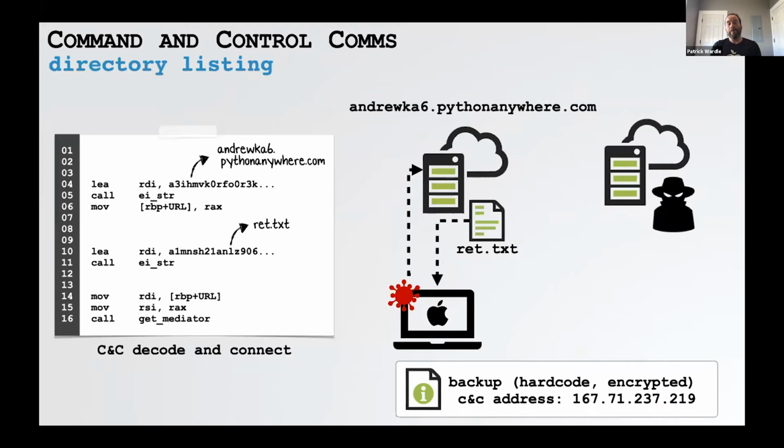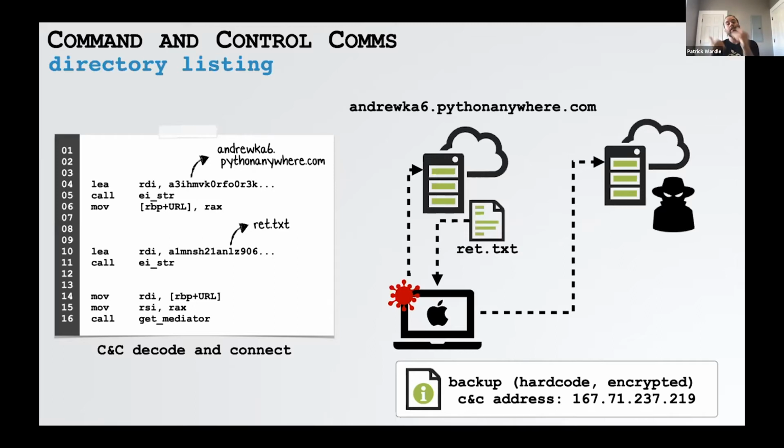Now, before we do that, let's briefly discuss how it connects to its command and control server to both check in and request tasking. So if we analyze the malware, we can see it decrypts a hard-coded address of a URL that's hosted on pythonanywhere.com.